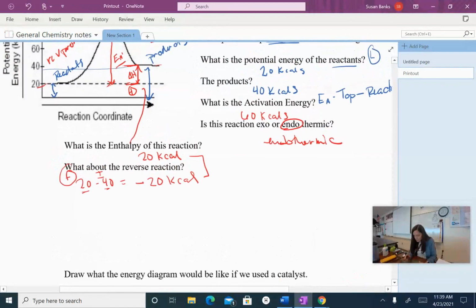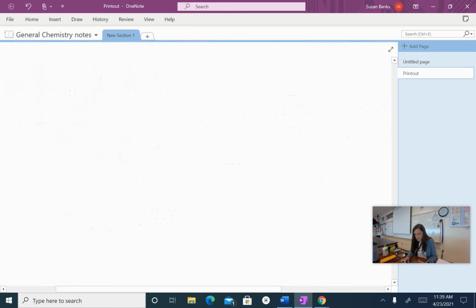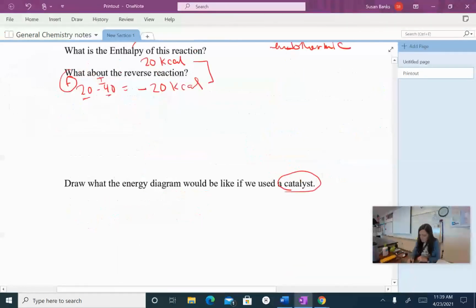Okay, let's put in what a catalyst would be like. Remember catalysts, let's define catalysts. Catalysts are not used up in a reaction.